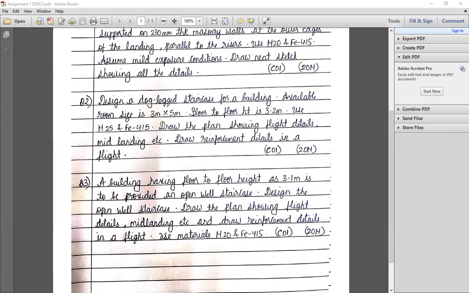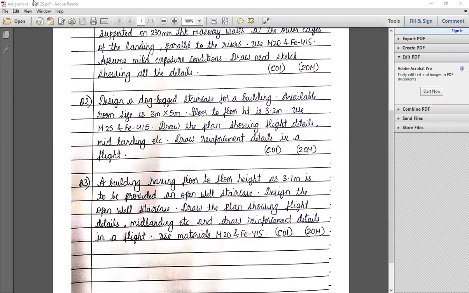Ojas has considered 200. Okay, what was the required depth? 180 था required. ठीक है, 200 will also do, 225 also, no problem.